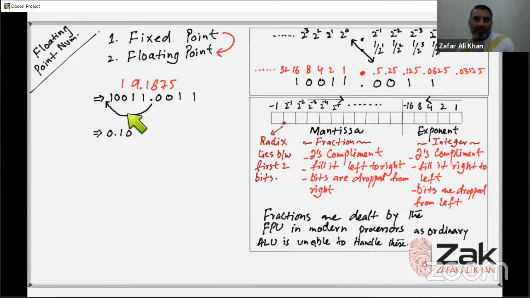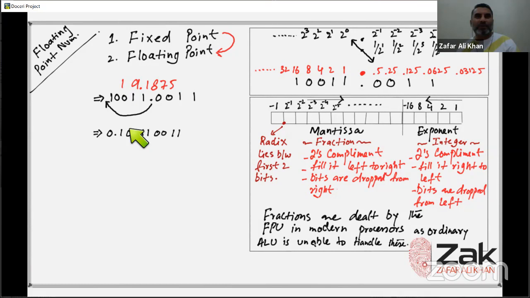So whatever, you have to move it all the way towards the left. And we know that when we move all the way towards the left, the point will be here. So we have to put a 0 there. So this would become this. Since the point has moved all the way towards the left, this has now become 0.100110011. Now, how many times has the point moved? 1, 2, 3, 4, 5.